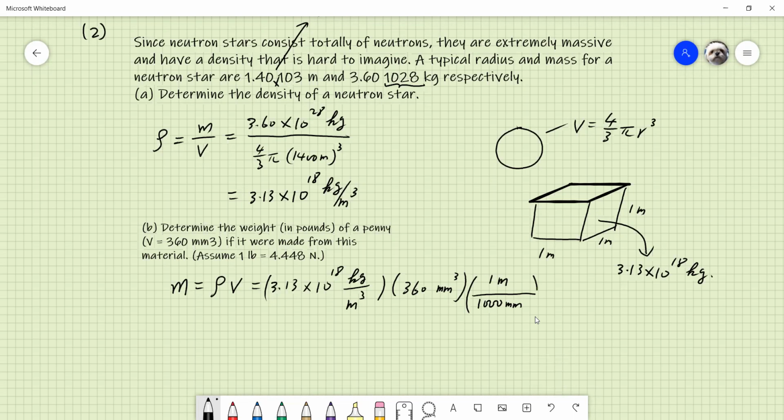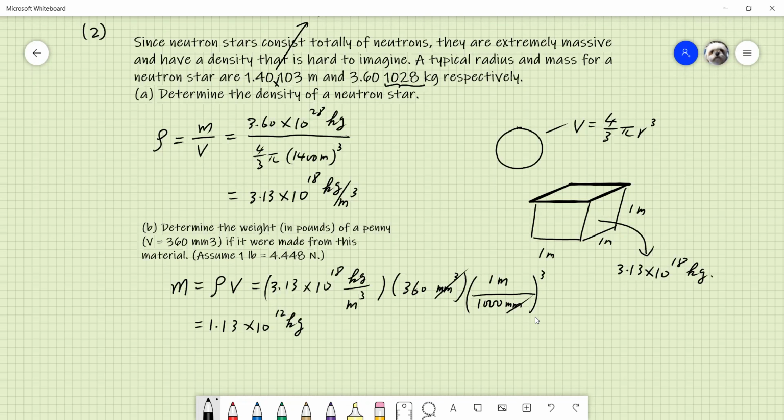So I have to take a cube of that in order to cancel this. So I have 360 divided by 1,000 to the power 3, and then I'm going to multiply by the density of the neutron star. So I get 1.13 times 10 to the 12 kg.